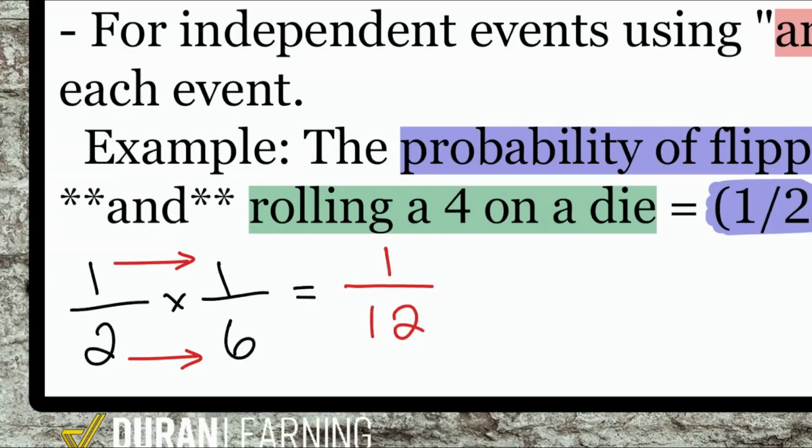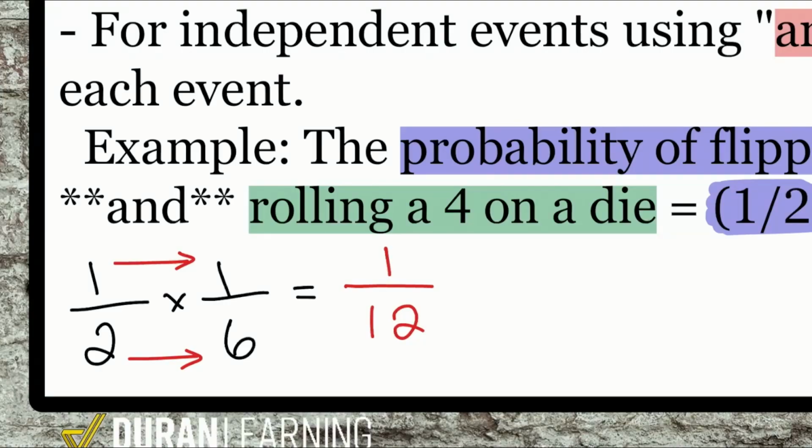And that would be the final answer, because that is the probability of not just flipping and getting heads, and not just rolling a 4, but the odds of doing both of them at the same time. That's the chance of both of these things happening at the same exact time.